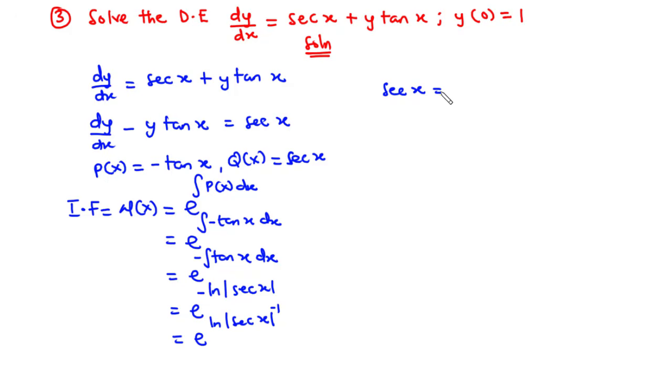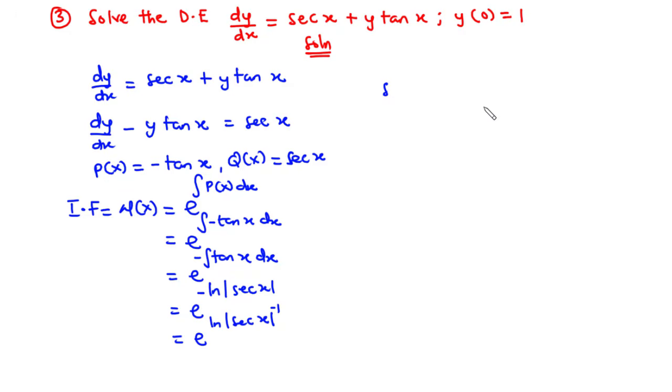Now sec x is equal to 1 over cos x. So what this primarily means is that sec x to the power negative 1 becomes cos x over 1, or better still, cos x.